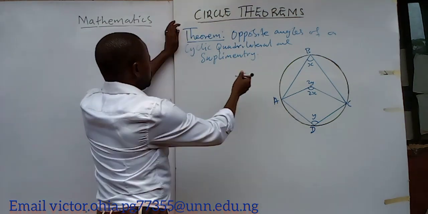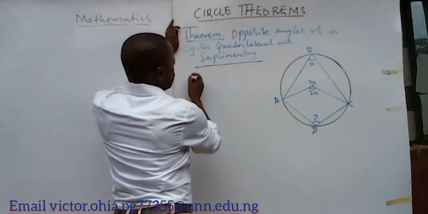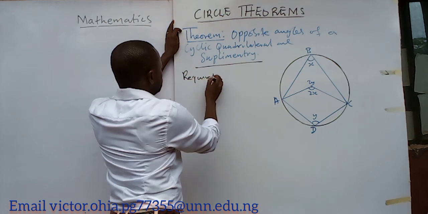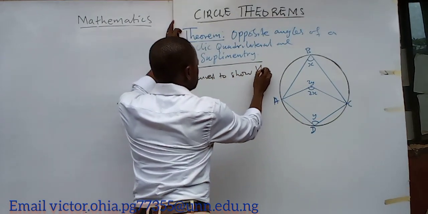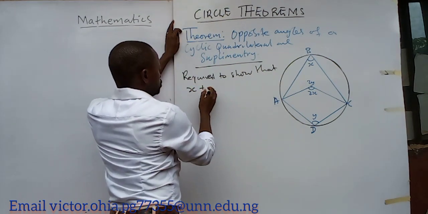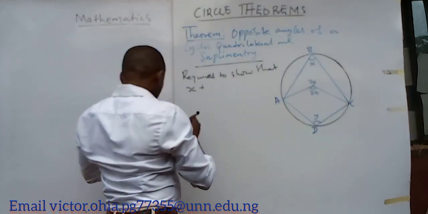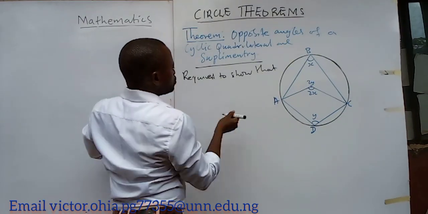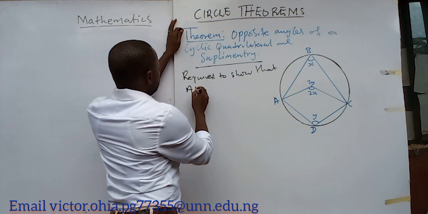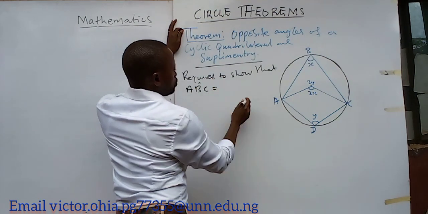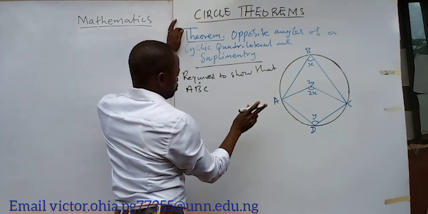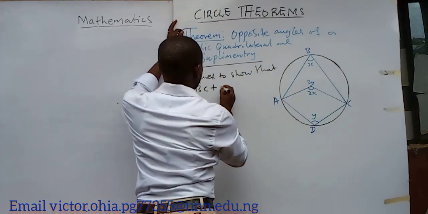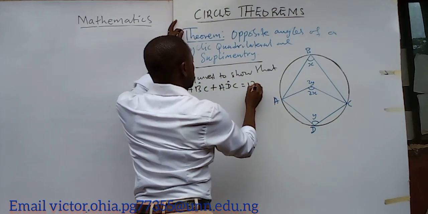To show this, we say required to show that angle ABC plus, because we are trying to show that they are supplementary, ABC plus ADC is equal to 180 degrees.